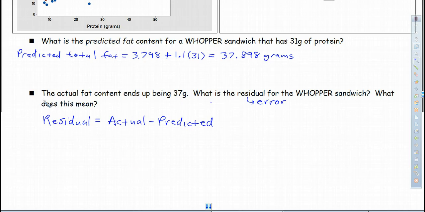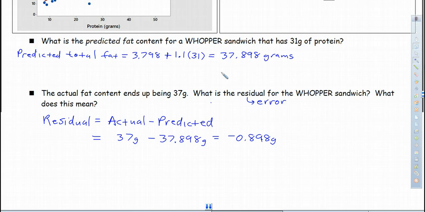Well, we have the actual. It says the actual fat content ends up being 37 grams. Plugging that in, we have 37 grams minus what was the predicted amount? The predicted was what we just calculated up above, 37.898 grams. Subtracting these values, we get negative 0.898 grams of fat.